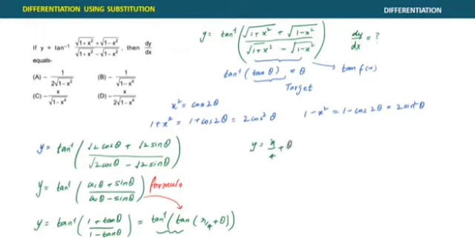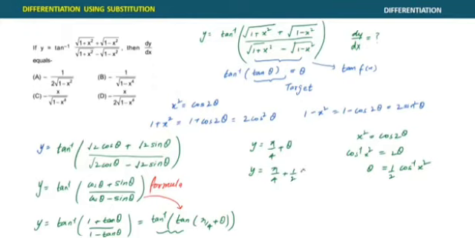Now you need the value of theta back in the question. In the initial part you have taken x square equal to cos 2 theta. So what will be the value of theta here? You can take cos inverse x square equal to 2 theta. Then theta is nothing but 1 by 2 cos inverse x square. So just replace it over here.